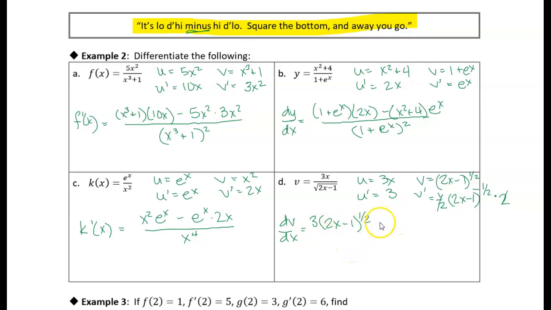It's a little out of order, but that's okay. And then high d low, so that's 2x minus 1 to the minus 1/2, all over low squared. I'm squaring a square root, so this just becomes 2x minus 1. All right, that's it. That's all you need to do. So practice, practice, practice. And I'll meet you in the next video.